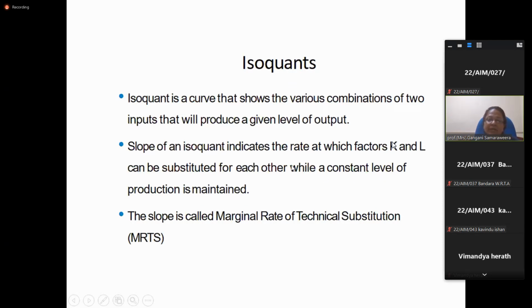More labor, maybe more capital. 2 units of labor, 3 units of capital or money. Okay, so if you are changing these inputs also, you can take the same level of output. We say isoquant. Okay, so the slope, marginal rate of technical substitution, we'll see with the graph.